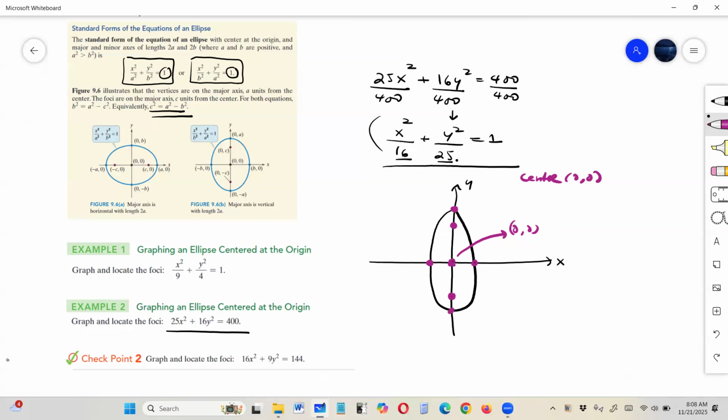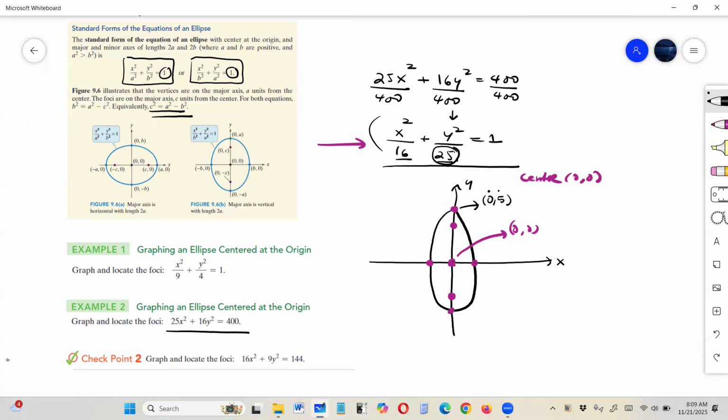And now, looking at the standard form, first find the 4 outer points. The square root of this value, 25, gives the 2 vertices. Obviously, the square root of 25 is 5. So the location here would be 0, comma 5, right?